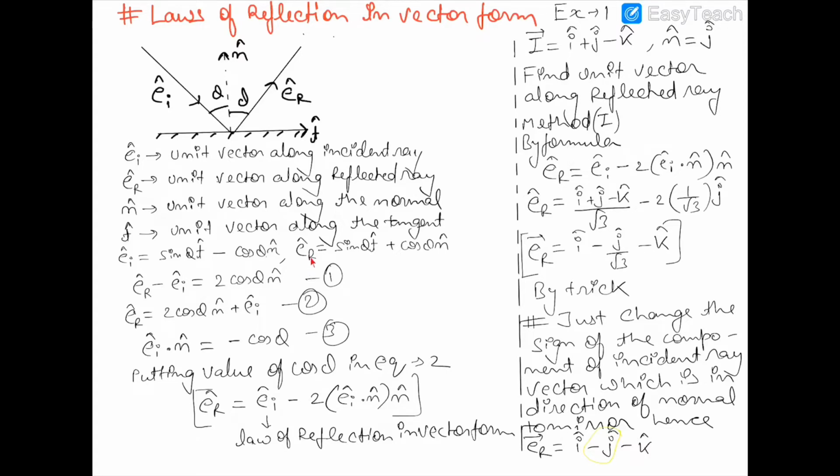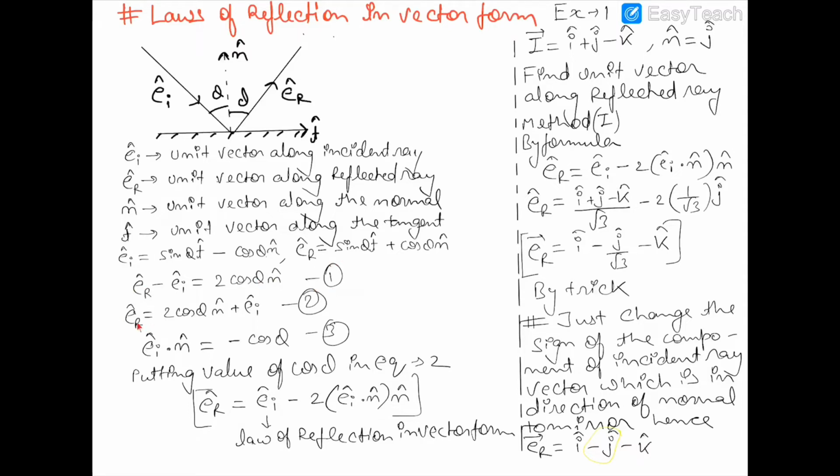Now I have written er cap, the unit vector along the reflected ray. It is equal to sin theta t cap plus cos theta n cap. If we subtract these two, er cap minus ei cap equals 2 cos theta n cap, and this is our first equation.